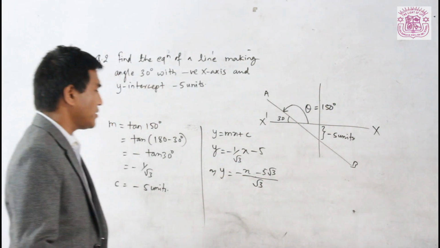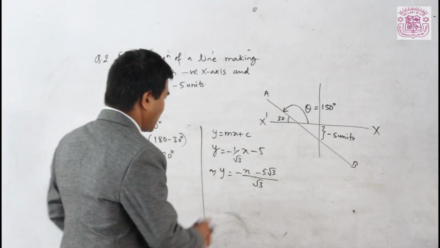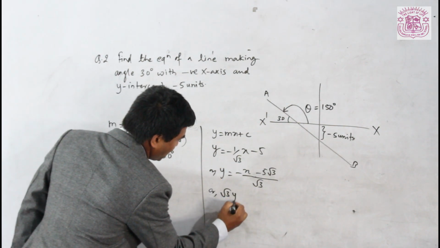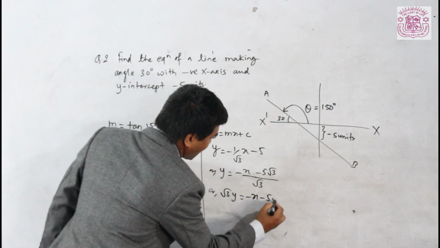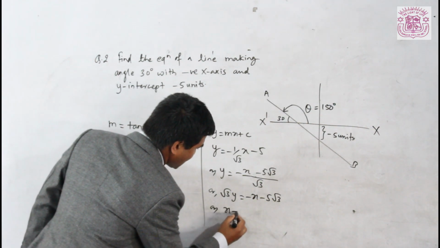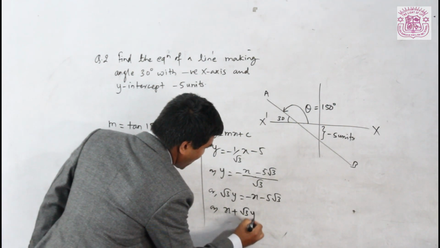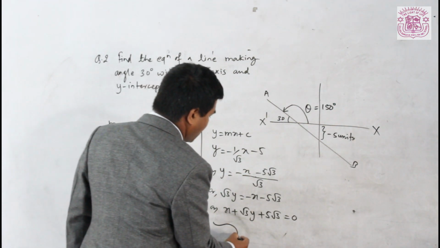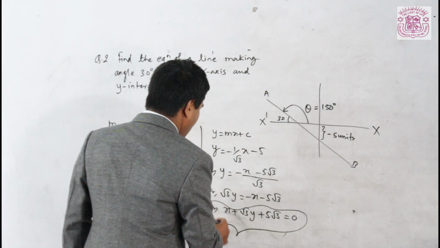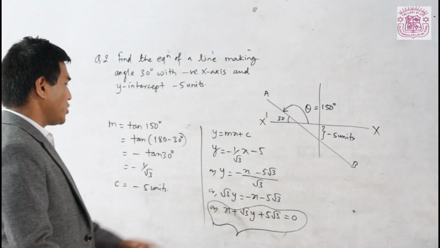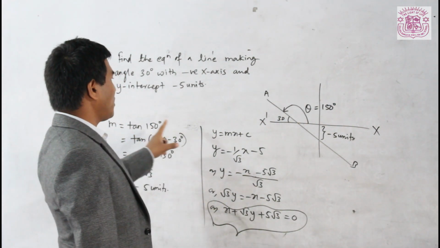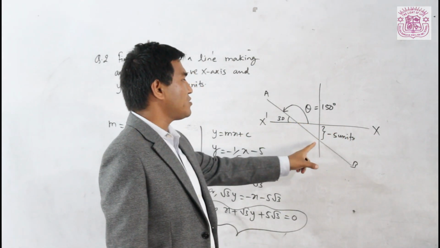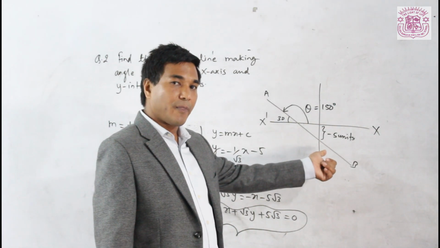Now multiplying y with root 3, you will have root 3 y equals minus x minus 5 root 3, or x plus root 3 y plus 5 root 3 equals 0. So this is the equation of a line in standard form. This is the equation of a line whose inclination angle is 150 degree and y-intercept is minus 5 units. Have you got that?